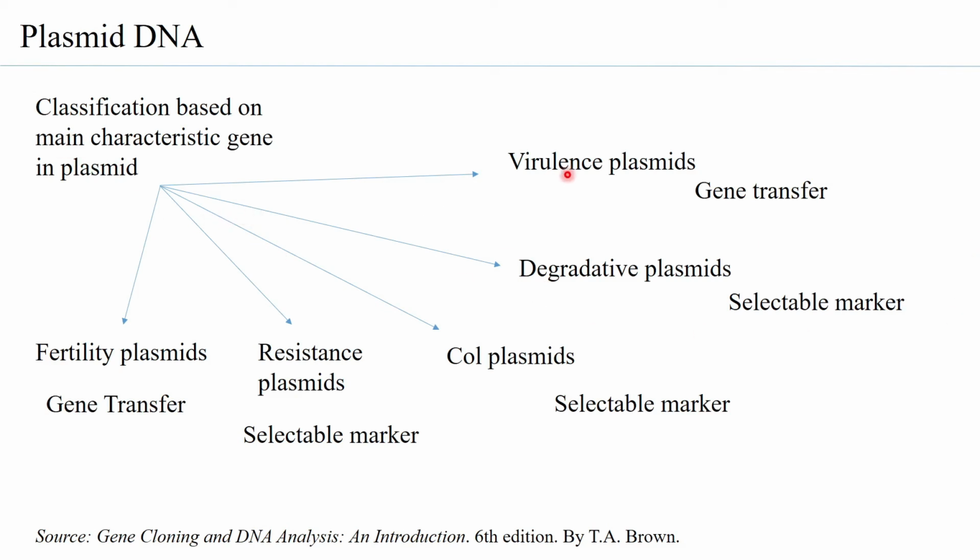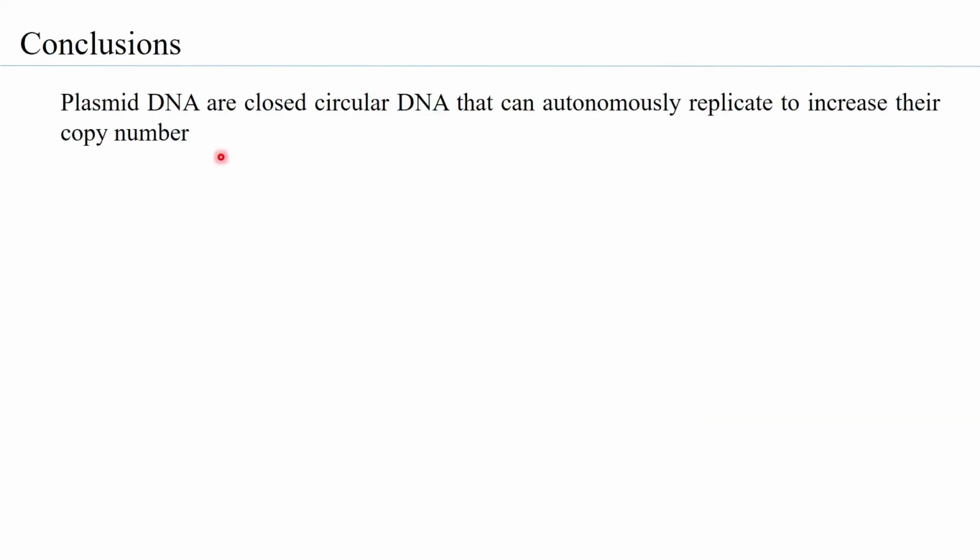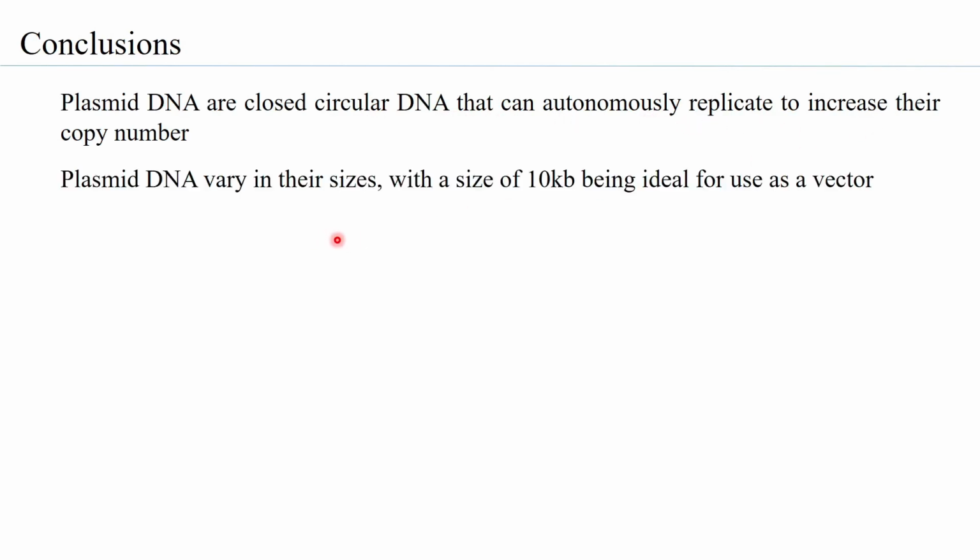But then it's not just the characteristic gene which is important. You must also consider the size, the copy number, whether it is episomal or non-episomal; all those things will be considered to finally use the plasmid DNA as a cloning vector. Therefore, let us make the conclusions. Plasmid DNA are closed circular DNA that can autonomously replicate to increase their copy number.